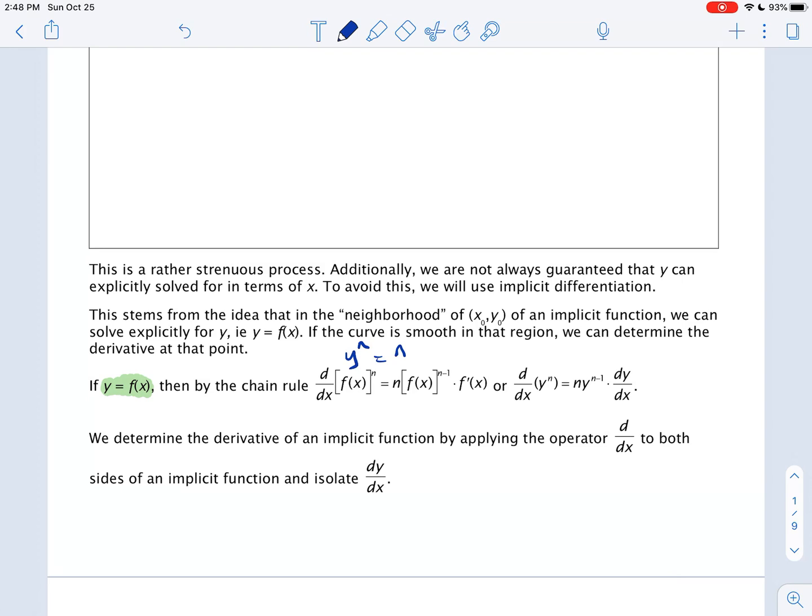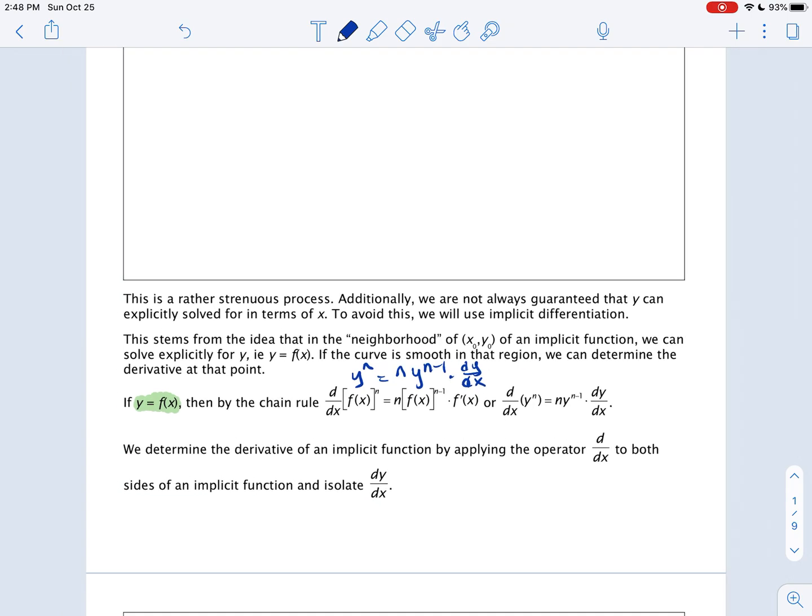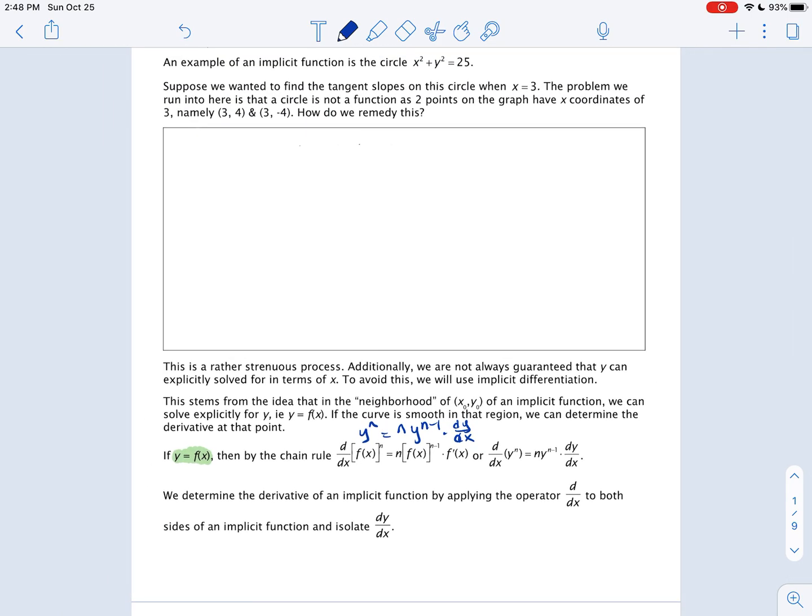The derivative of y to the n would be n times y to the n minus 1, but since behind the scenes y is a function of x, then I still want to multiply by the derivative of the inside. So in other words, employ the chain rule.